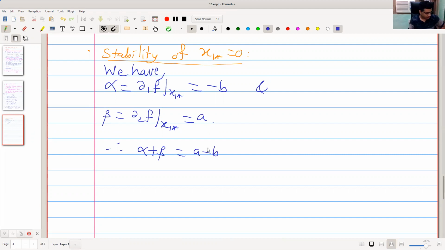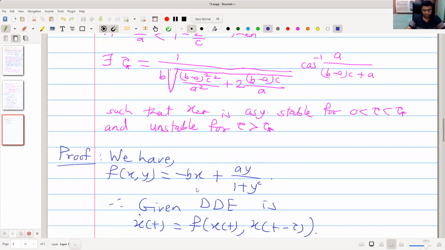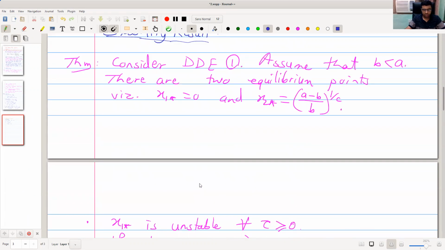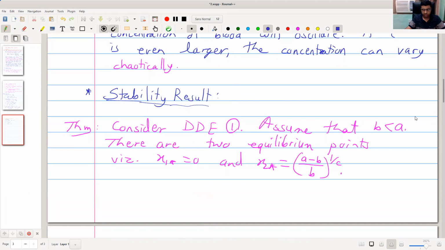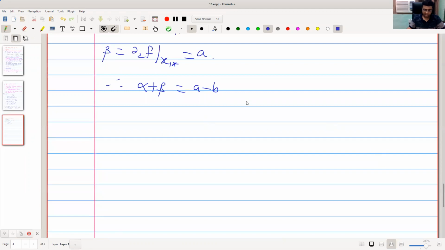And what are a and b? We are assuming b is less than a. If b is less than a, then this should be positive.